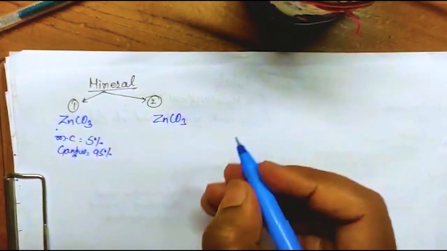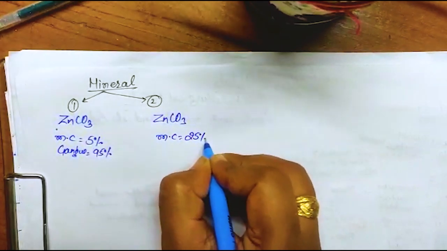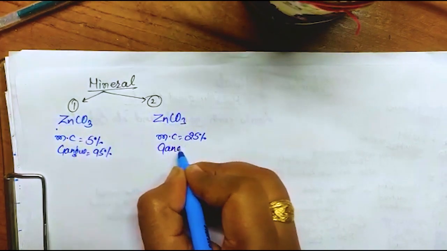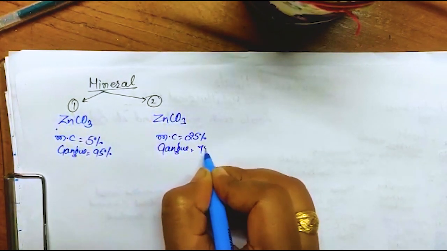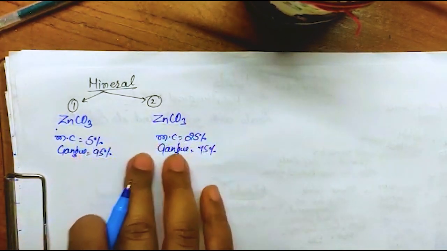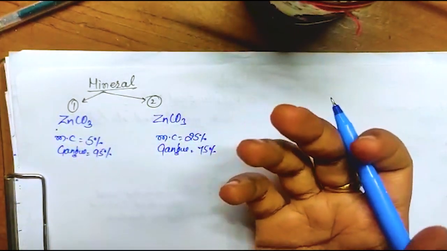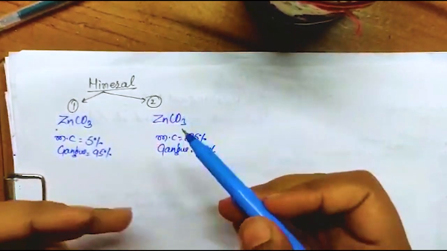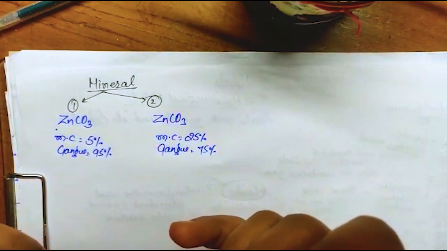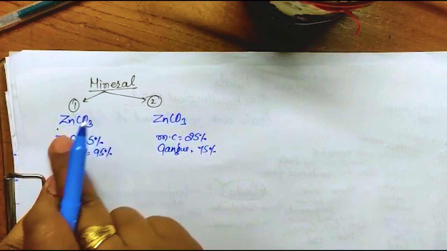In another case, the metal compound is, suppose, 25%. So the gangue is just 75%, isn't it? If we compare these two, which will be profitable for us? This one, because here the metal of interest is more in percentage, while in the other case impurities are more.